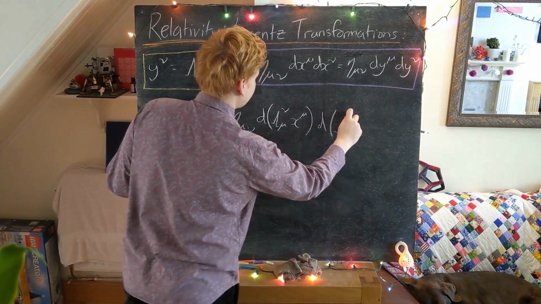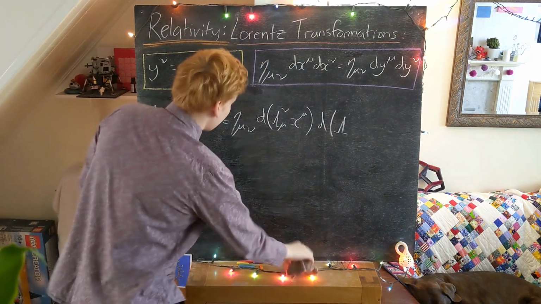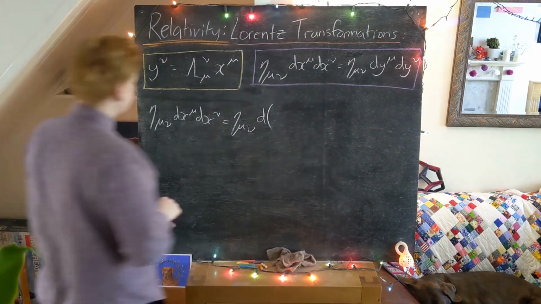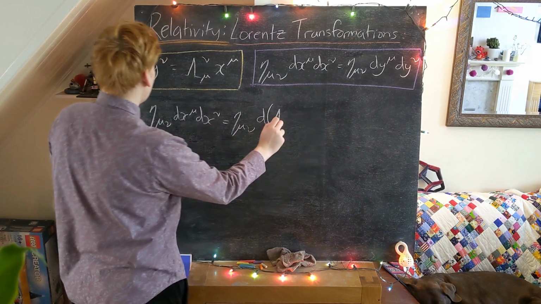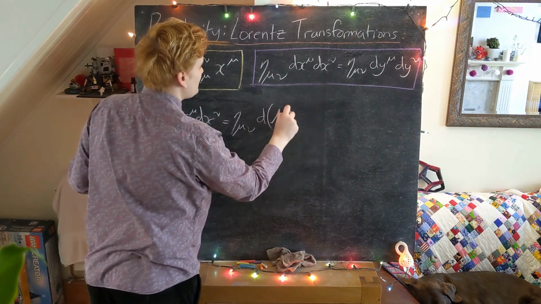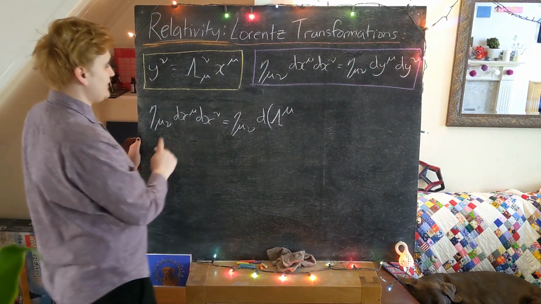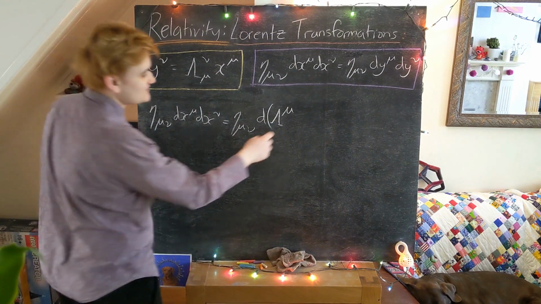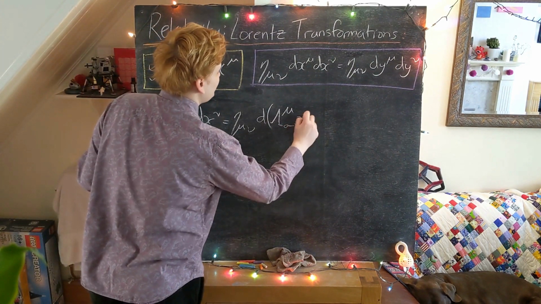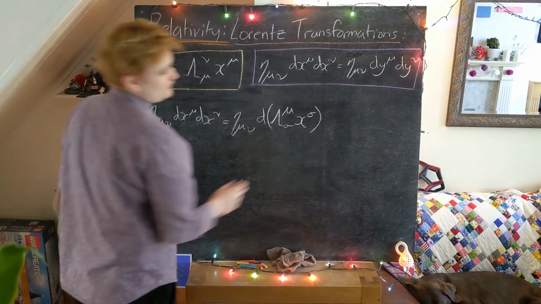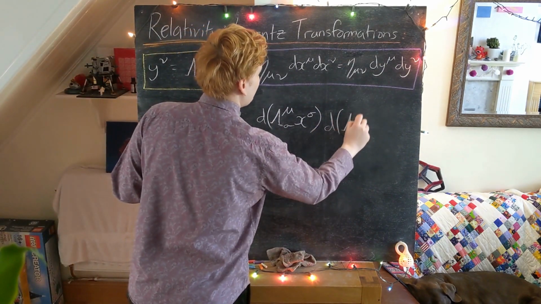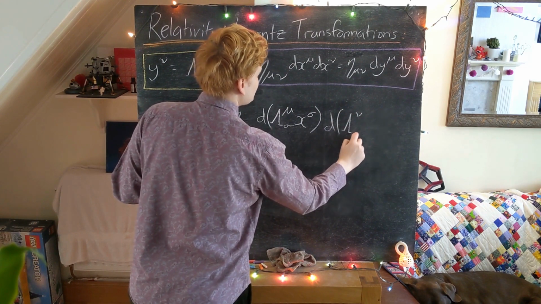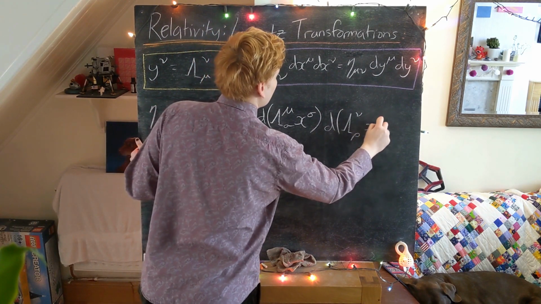So to keep my indices consistent, I'm trying to end up with a mu upper, and then to avoid introducing a duplicate index, I need a new dummy index to sum the x against. And then similarly, I want to end up with a nu upper here, so I need a new dummy over here.